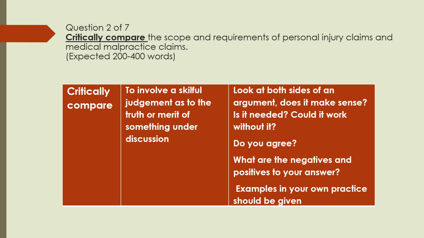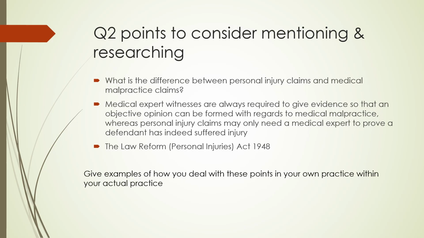So the question is to critically compare the scope and the requirements of personal injury claims and medical malpractice claims. So if you're going to look at the differences, you really need to define what is a personal injury claim and what is a medical malpractice claim, and maybe bullet point or specify the differences between the two.